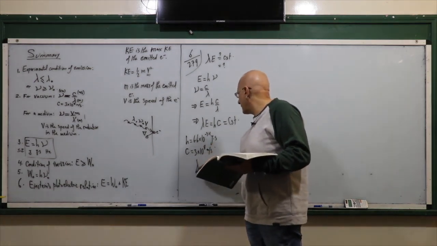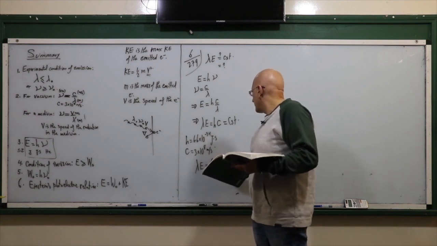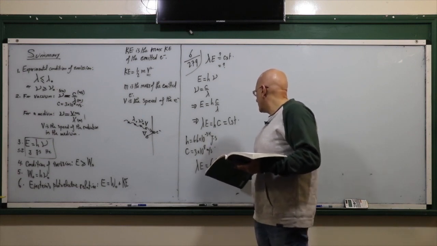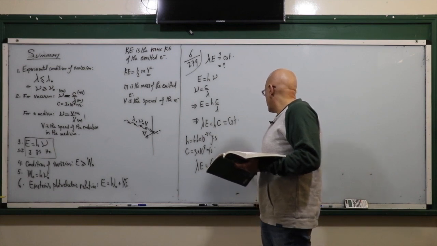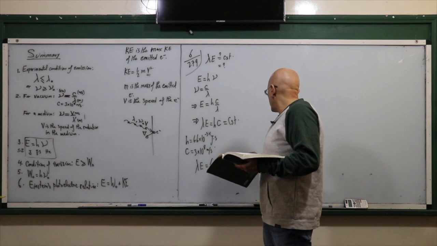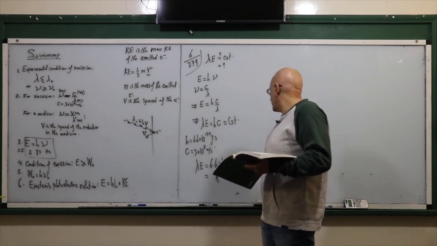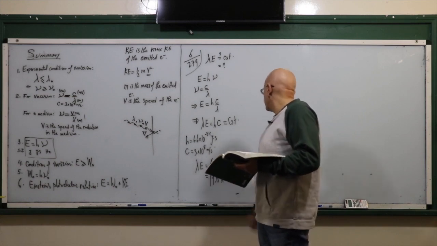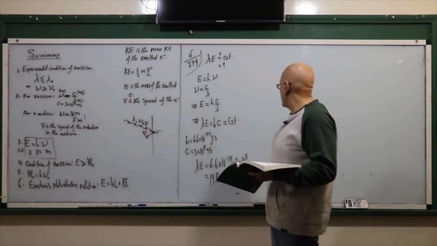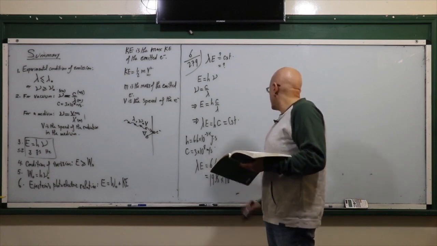So multiply them, you get 6.6 times 10 power minus 34 times 3 times 10 power 8, which is 18 times 10 power minus 26.